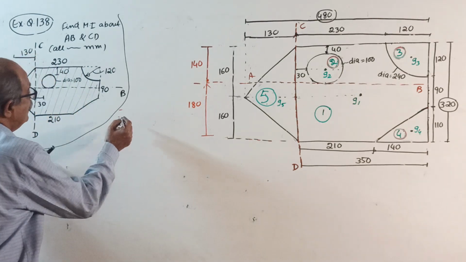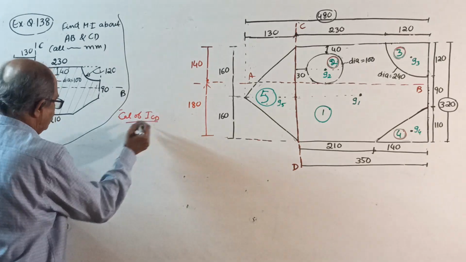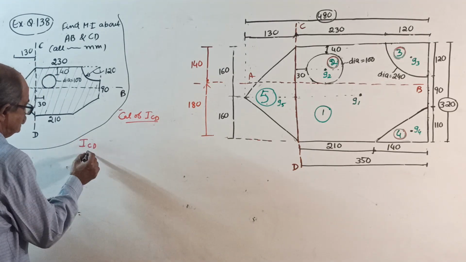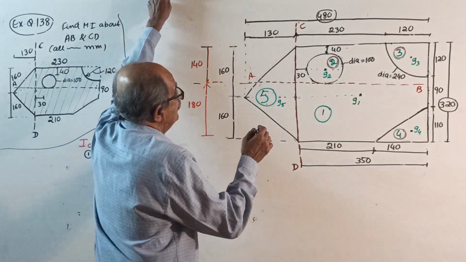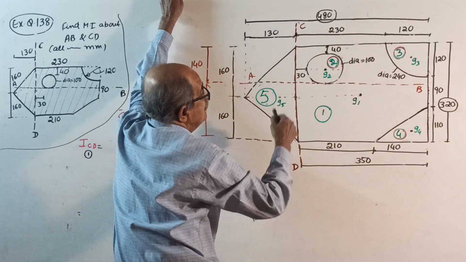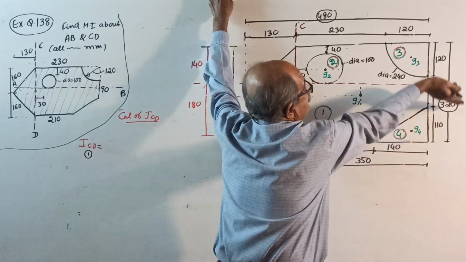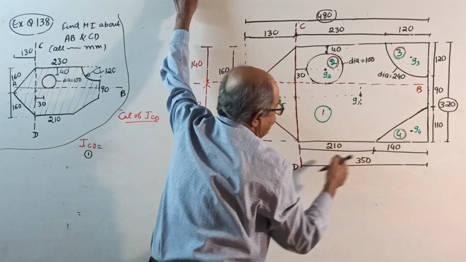Okay, now, calculation of ICD. Okay, start. ICD for 1 equal to CD. See, CD axis here. Start. First about its own centroidal axis: 320 into 480, not 480, 320 into 350 cube.